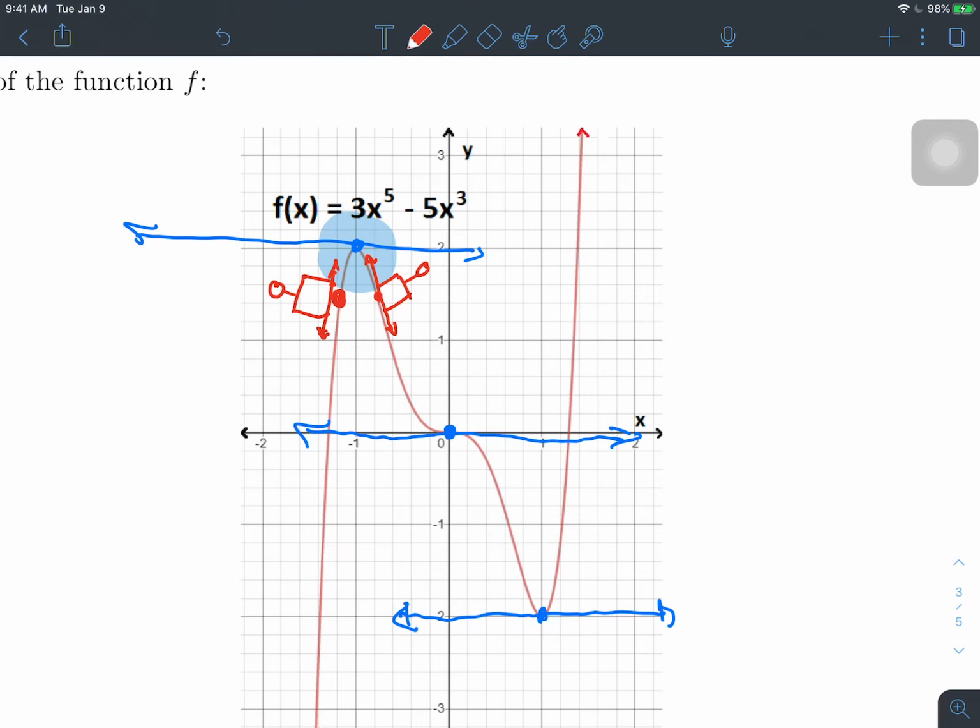Yeah, Kevin? You hit the maximum. Yeah, we got to the top of the roller coaster. That's what's going on here. So, if I'm going up and then going down, I hit a maximum.